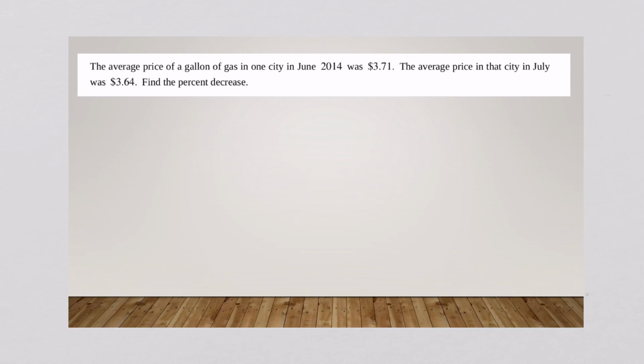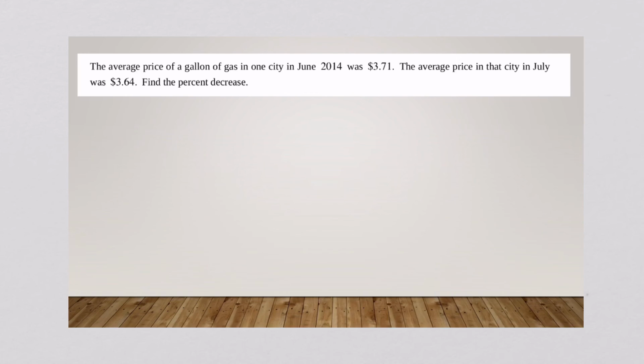Okay, and this problem is done in a very similar way as the last one. Average price of a gallon of gas in one city in June 2014 was $3.71. The average price in that city in July was $3.64. Find the percent of decrease.